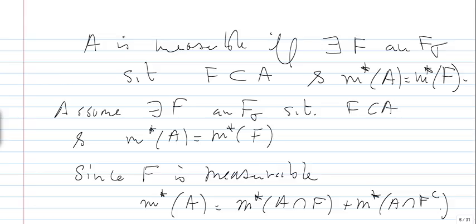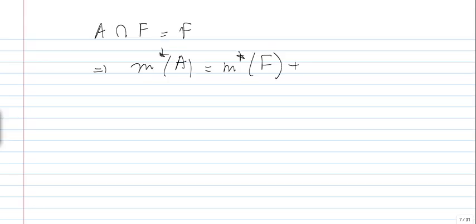Now A intersect F is equal to F because F is a subset of A, and so this implies that the outer measure of A is equal to the outer measure of F plus the outer measure of A intersect F complement, or the difference set between A and F.